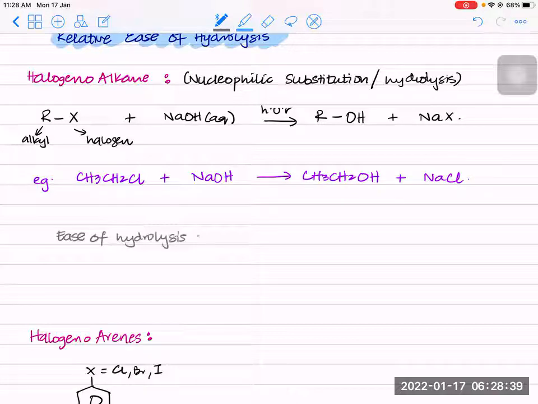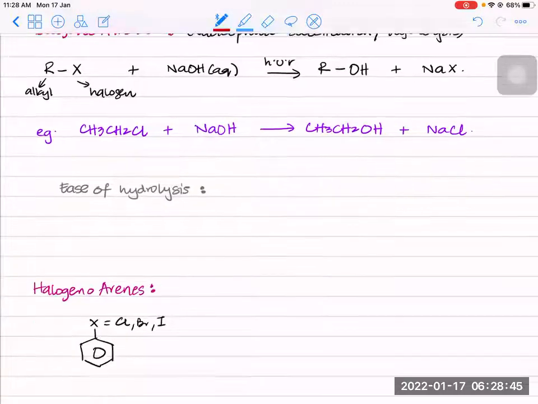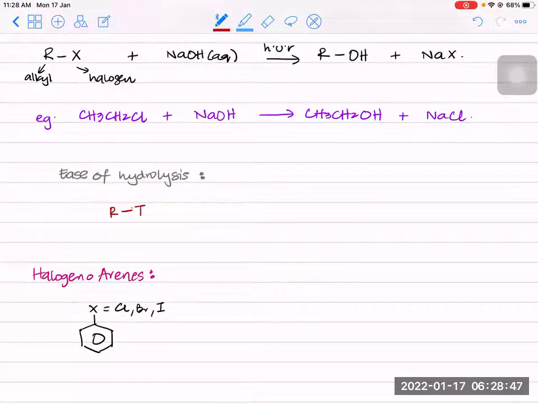So the ease of hydrolysis will be the fastest for iodoalkanes. Why? Because in iodoalkanes the bond length is greater. Therefore, the bond strength is weaker and that is why they will hydrolyze the fastest. So this will hydrolyze the fastest as opposed to bromoalkane, which will be relatively slower, and the slowest will be chloroalkane. Why?